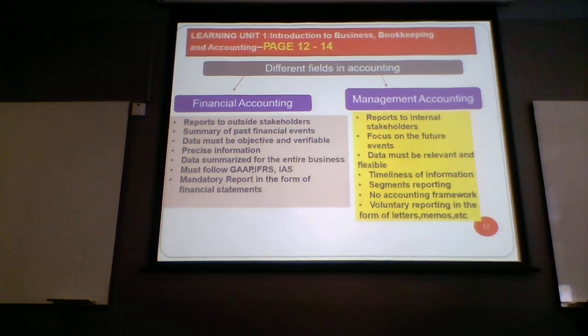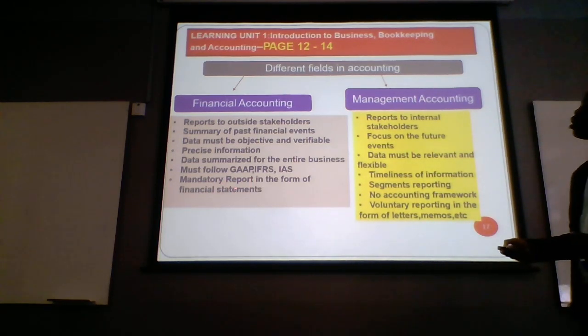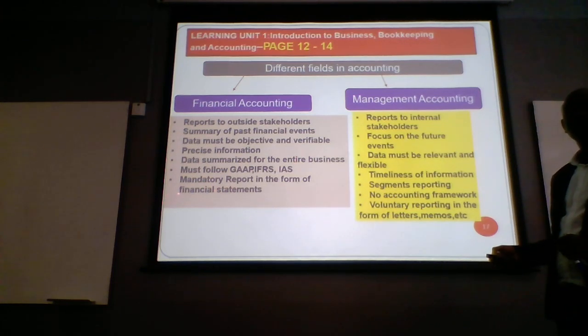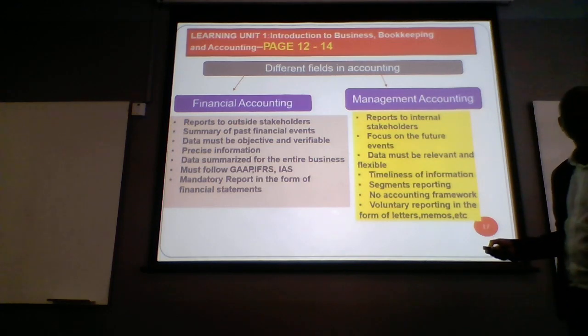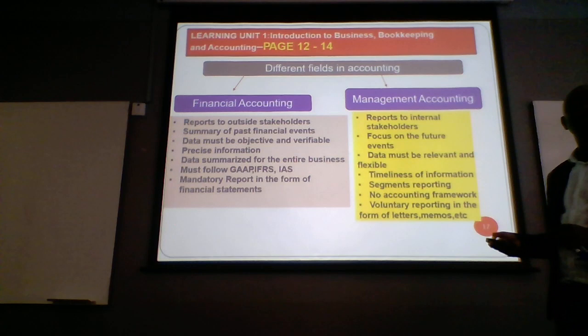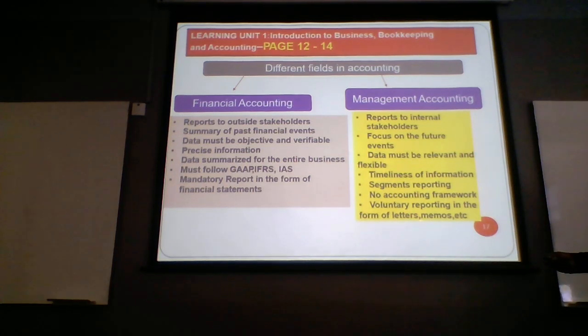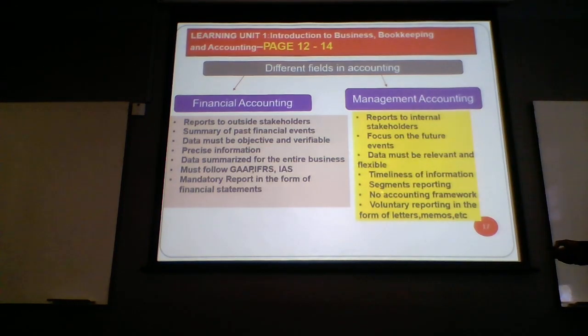Mandatory in the form of financial statements, meaning required to report by the authorities. It depends. So here you just have to report. You are compelled by rules and the policies to report. Here you just decide to report for a particular segment. Okay, accounting department.